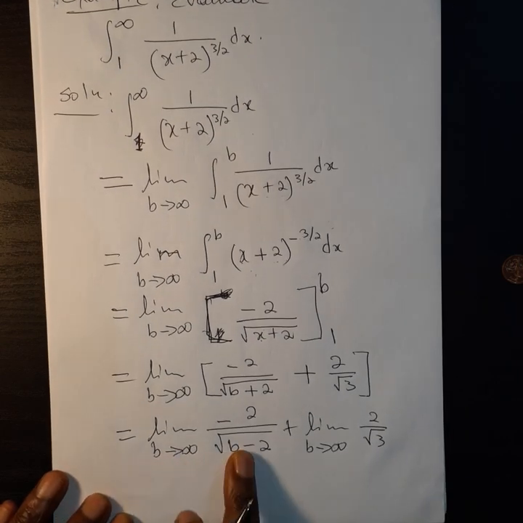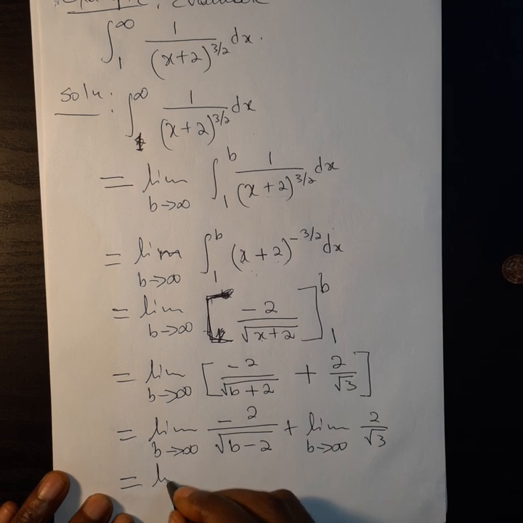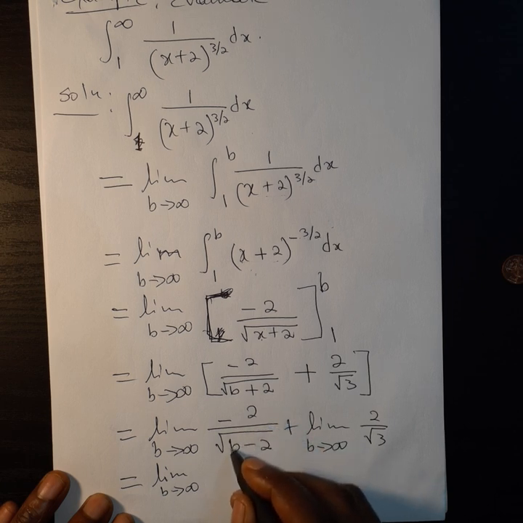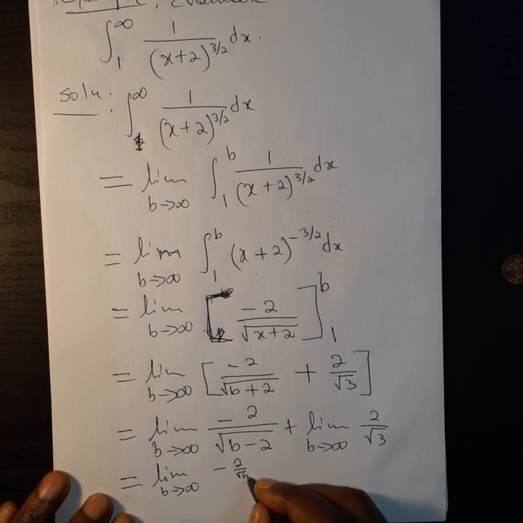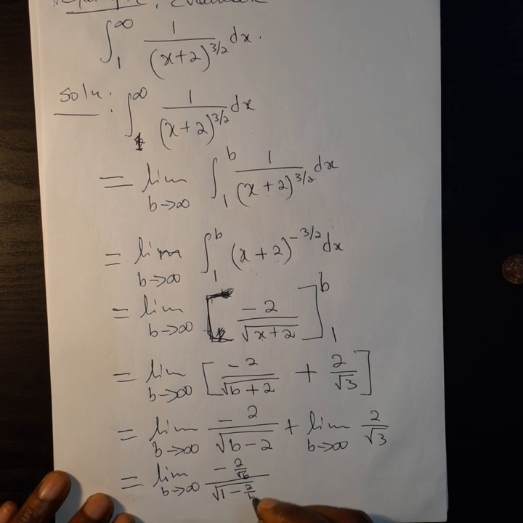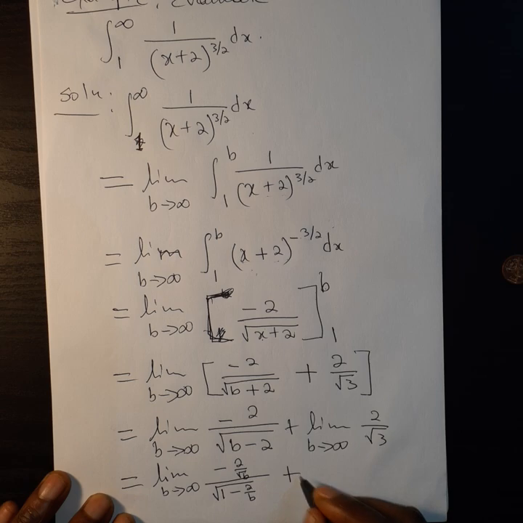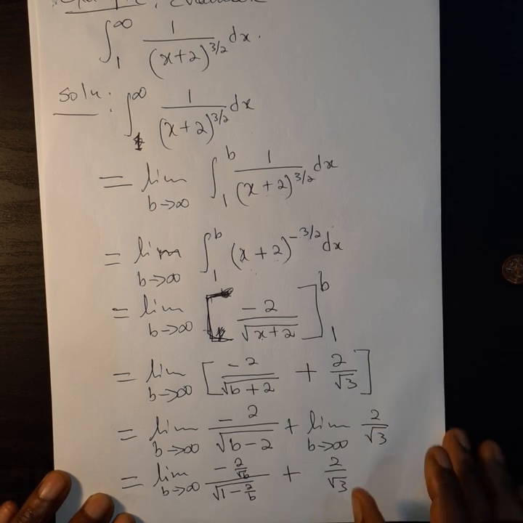Now for this one, you will recall that for us to evaluate the limit, we do it like this. We divide throughout by the highest power of b in the denominator for the first one, which will give us 2 over square root of b divided by square root of 1 minus 2 over b. And this one is just 2 over root 3.